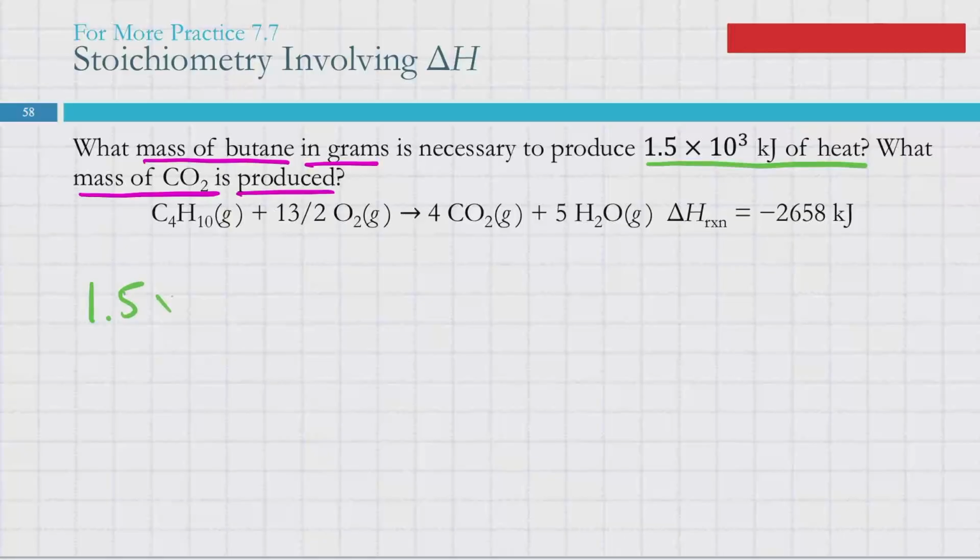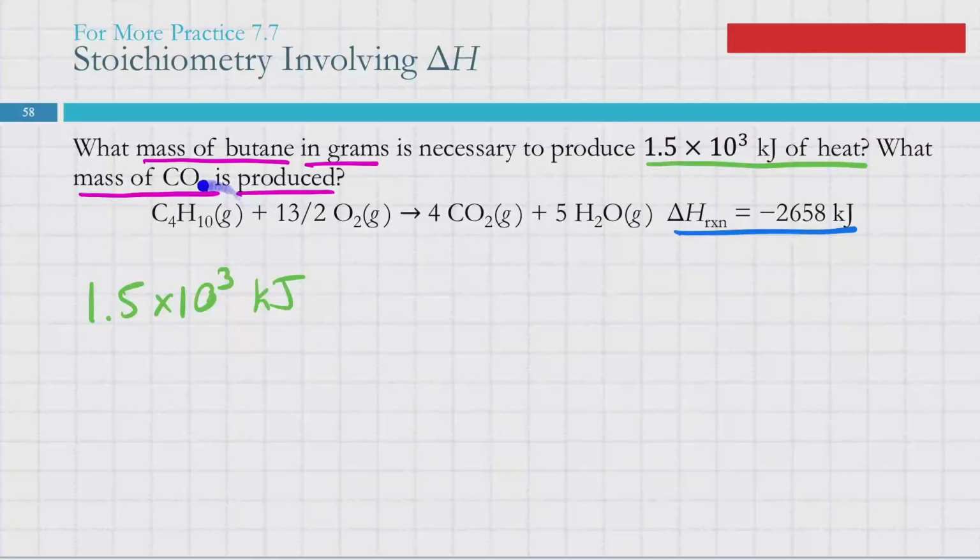So starting with our 1.5 times 10 to the 3 kilojoules, do we have something that relates kilojoules with butane? The reaction releasing 2,658 kilojoules. We've got the reaction with the delta H. So this has in it the delta H, which we care about because that's the amount of energy that we're starting with.